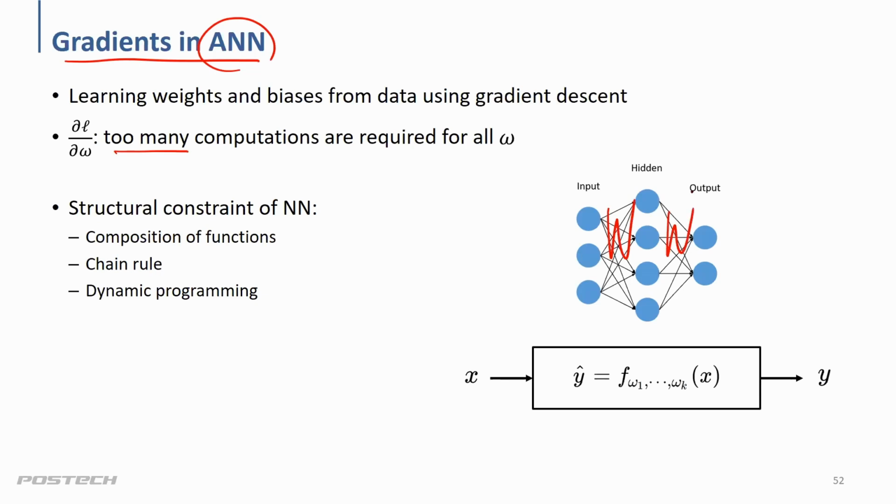From now on, in a neural net there are weights and biases, but I'm just going to say omegas and the weights. I'm not going to distinguish them. I'm just going to say all the parameters or the weights, and in your mind you can think of them as the weights and biases.